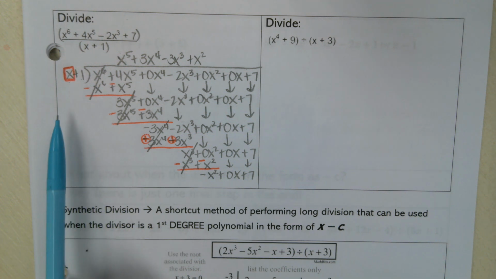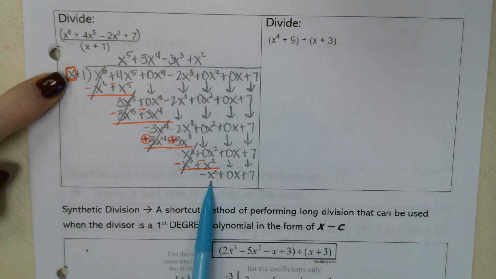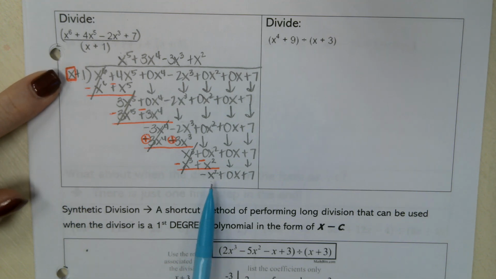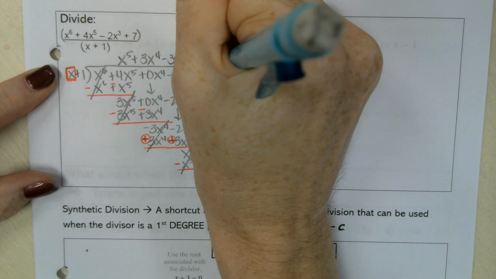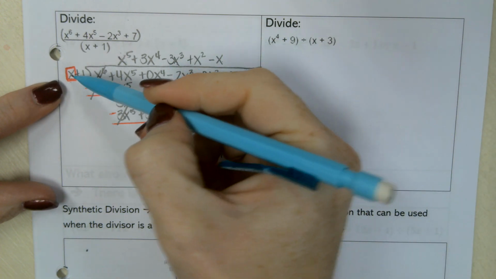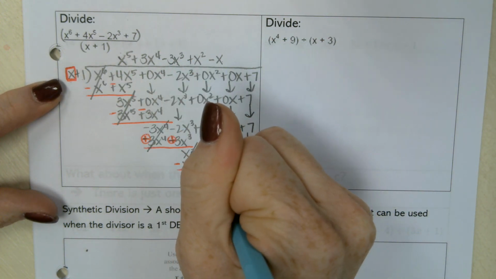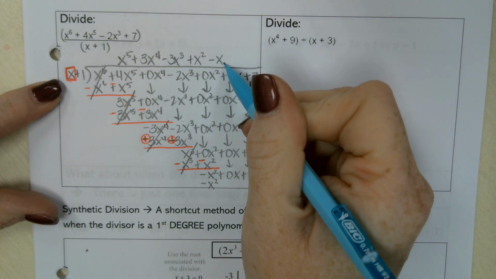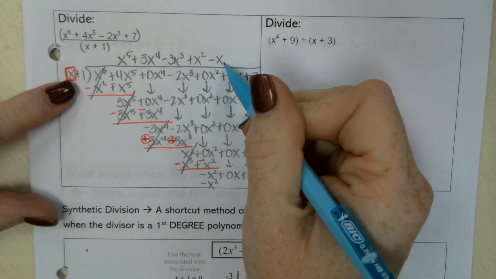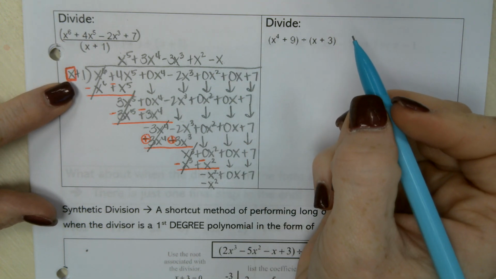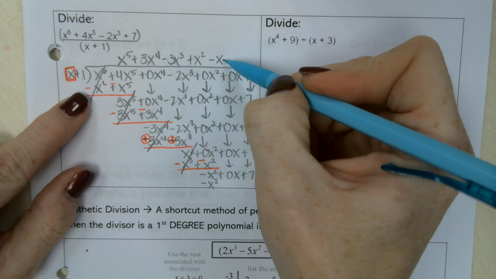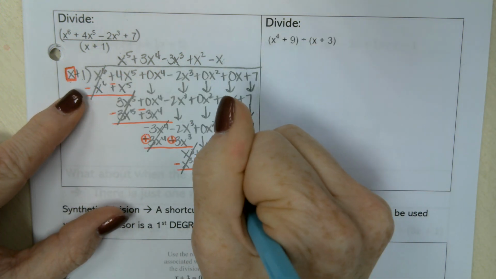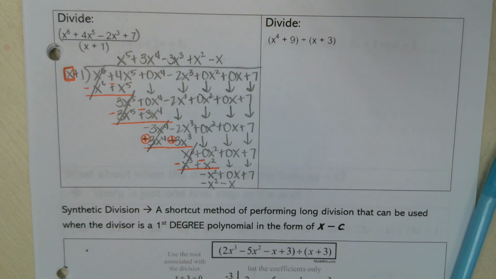Because I can still look right here. Can I multiply x by something to get negative x squared? Negative x. So negative x times x is negative x squared. And because it's a high-powered function, negative x times 1 is negative x.